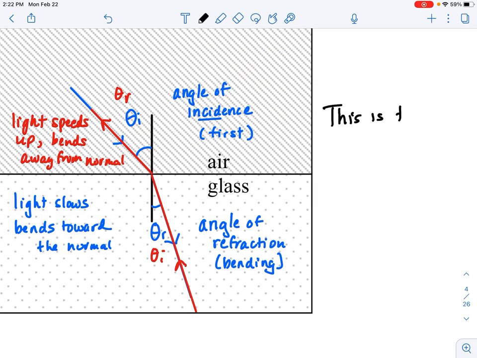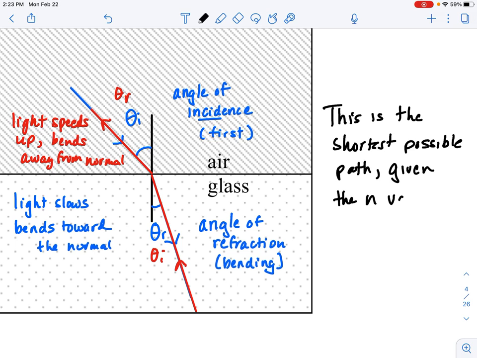This is the shortest possible path all the way through given the n values and speeds.